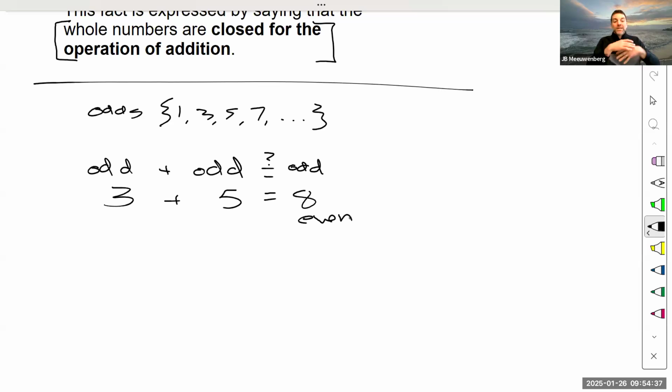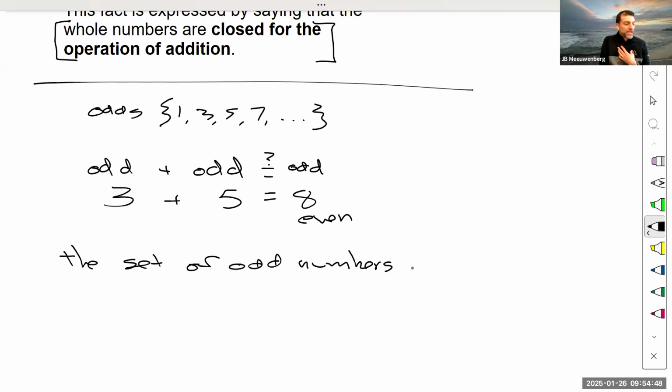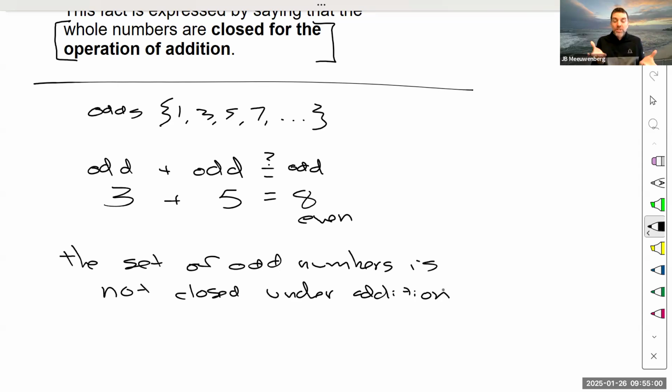The set of odd numbers is not closed under addition. The reason is that if you take two numbers from that set and add them together, you get another number that's outside of the set.